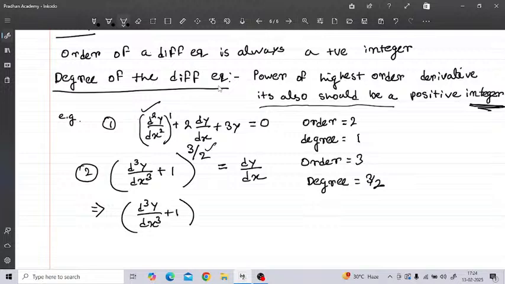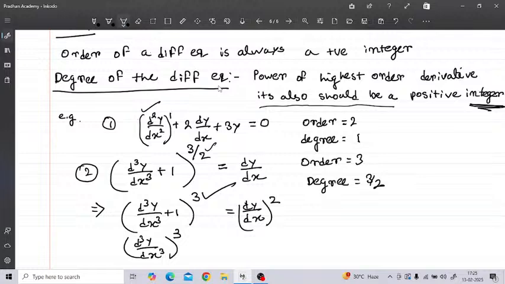By squaring both sides, we can easily remove the radicals. (dy/dx) whole square. Now if you expand it, you will get a term like so. Our degree will be not 3 by 2, it must be 3.